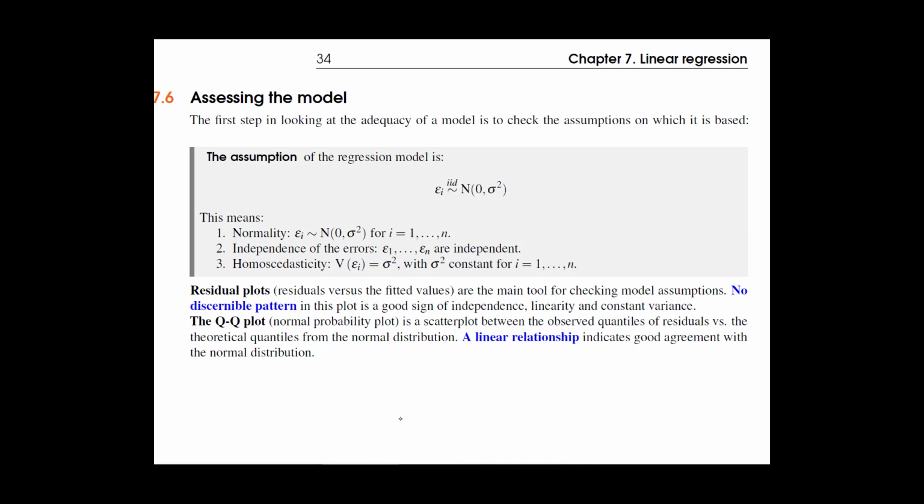Remember also that the signs of the betas have to make sense. At the end we do the model assessment, making sure that the assumptions of the model are met, which are the three we talked about before. Hopefully that will be the case.